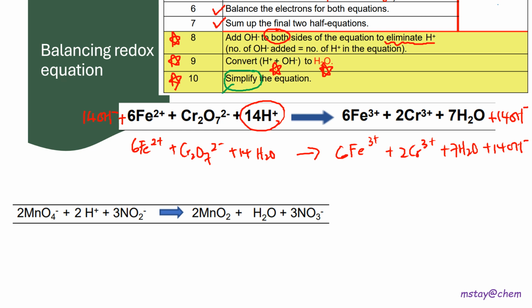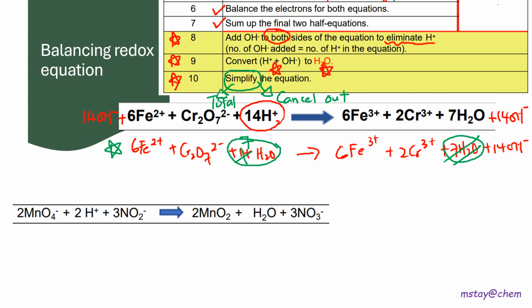Simplify here means you total up if the H2O is at the same side, or you cancel out if the H2O is at the opposite side. In this case, H2O are at different sides. After we cancel out, at the left hand side only 7 H2O is left. So this is the final answer for the equation.